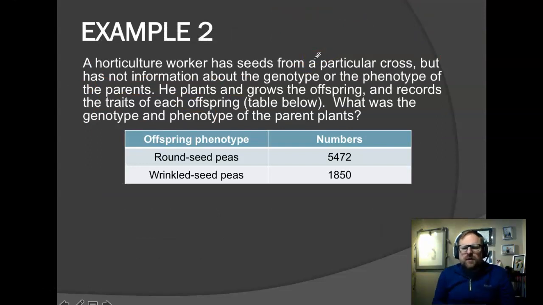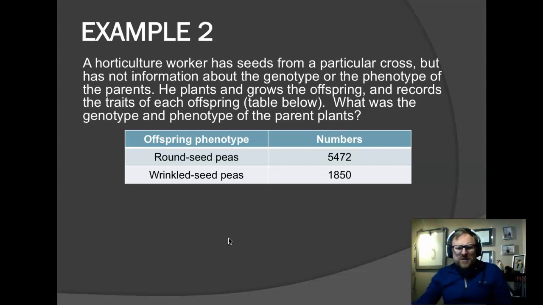Here's another example of something we can do. A horticulture worker has seeds from a particular cross, but has no information about the genotype and phenotype of the parents. So he grows the offspring and records the trait of each offspring in the table below. What is the genotype and phenotype of the parent plants?